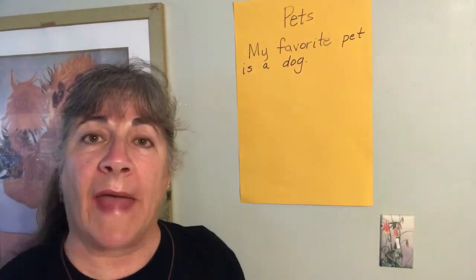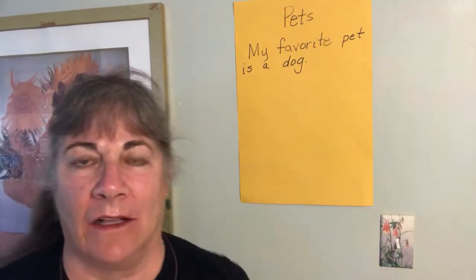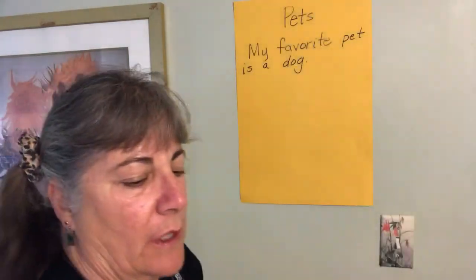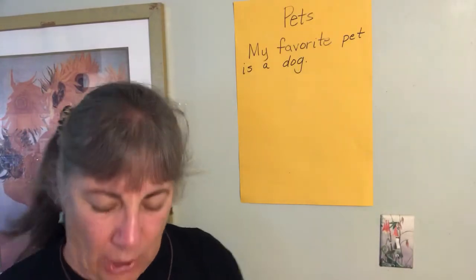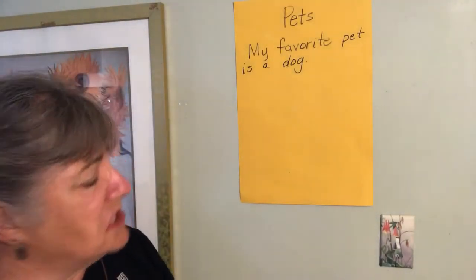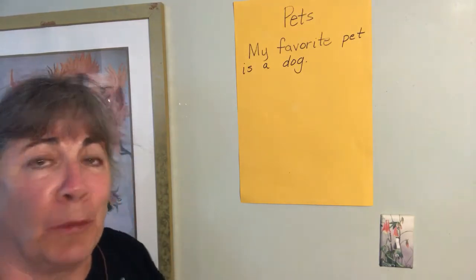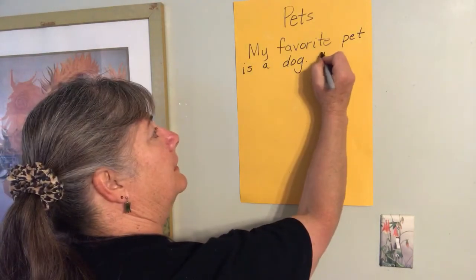Now we're going to support that with the details or the inside of our hamburger. So what are 3 things that we can say about our dog? Well, how about I like dogs because they can sleep with you at night on your bed. All right?